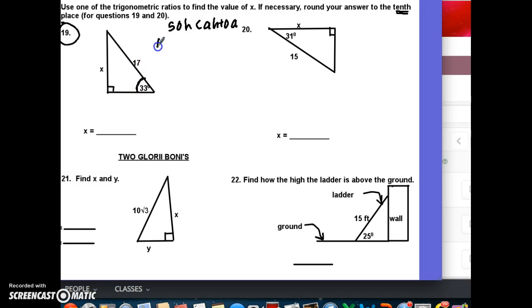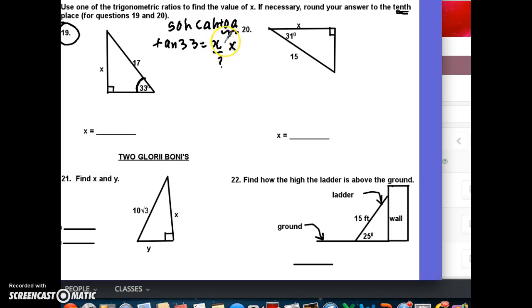If I say tan of 33, that's the toa. That's going to be opposite over adjacent. Here it's going to be opposite, which is x, over adjacent. Adjacent, we don't know this.